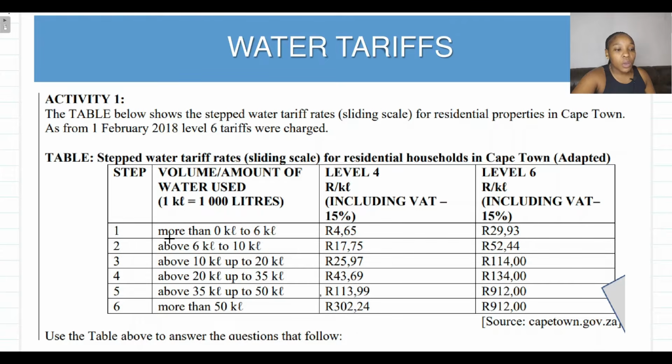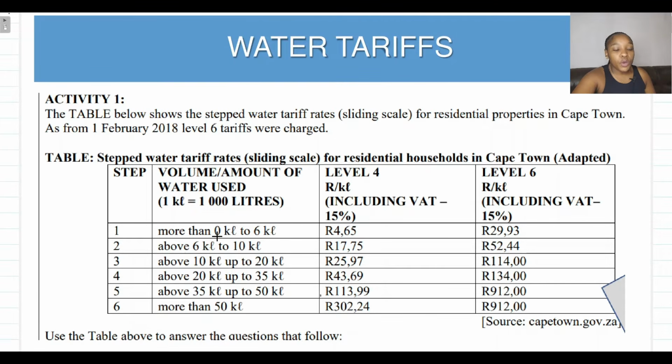The first step is if you consume more than 0 kiloliters up to 6 kiloliters of water. We're just going to focus on level 4 for now, just for the purpose of explaining the approach to you, analyzing what we are given here.